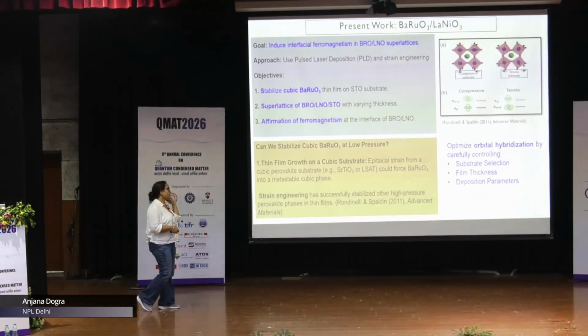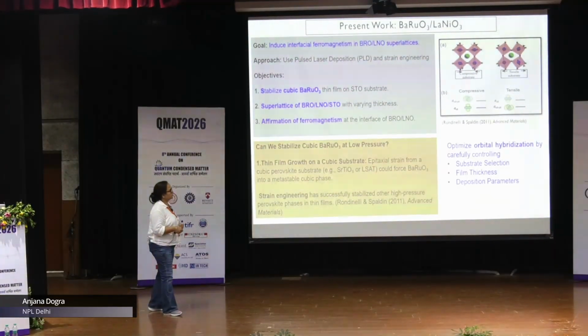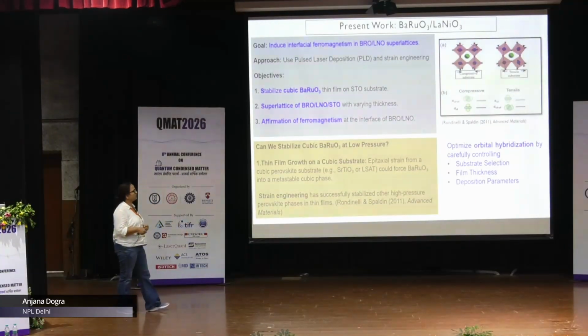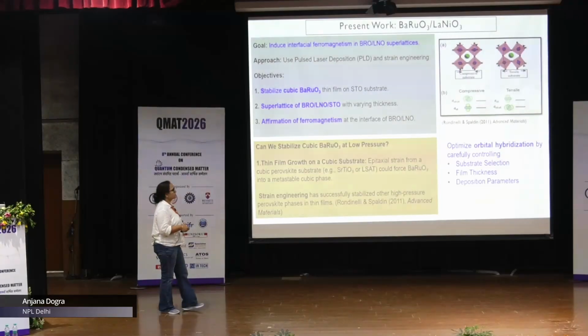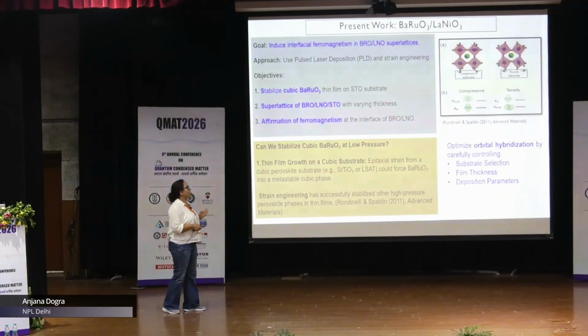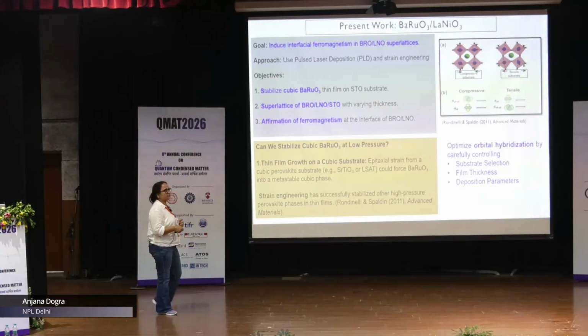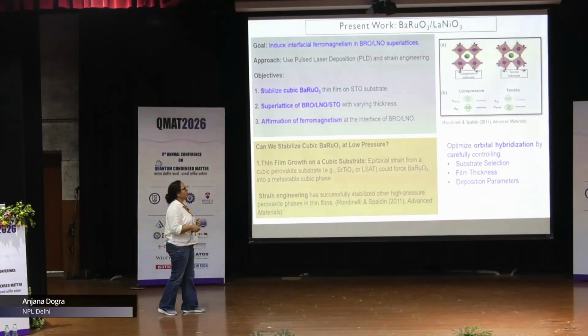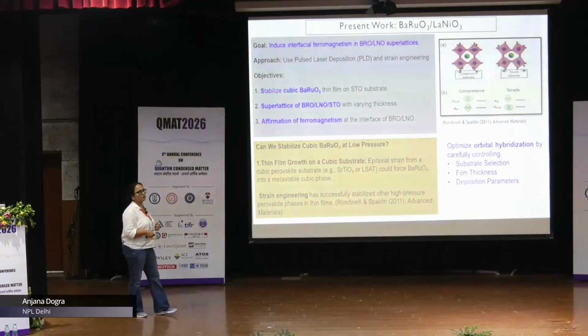And when we are talking about strain, there is one very good paper by this group in Advanced Materials from 2011, where they have talked about how, when you have compressive strain, the hybridization is because of the d3z2-r2 orbital, and when there is tensile strain, the hybridization is correlated to the dx2-y2 orbital.